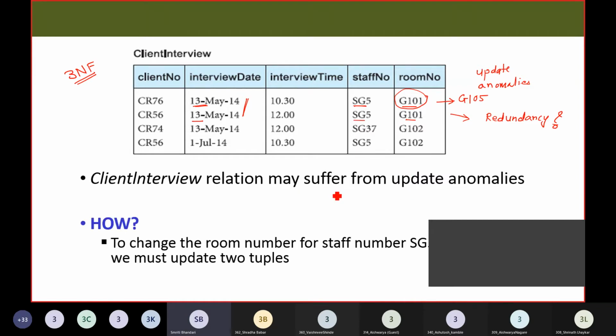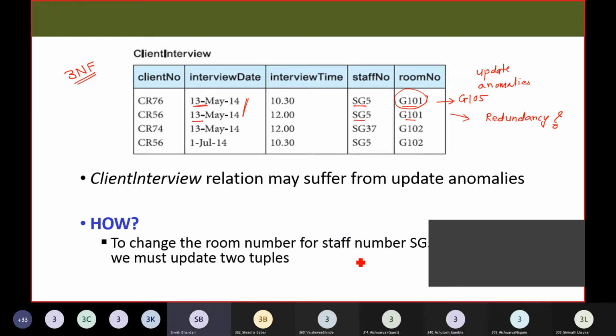Right? So why are we saying that there is update anomaly? Because to change the room number for staff number SG5 on 13th of May, we must update 2 tuples with respect to this instance. Right?